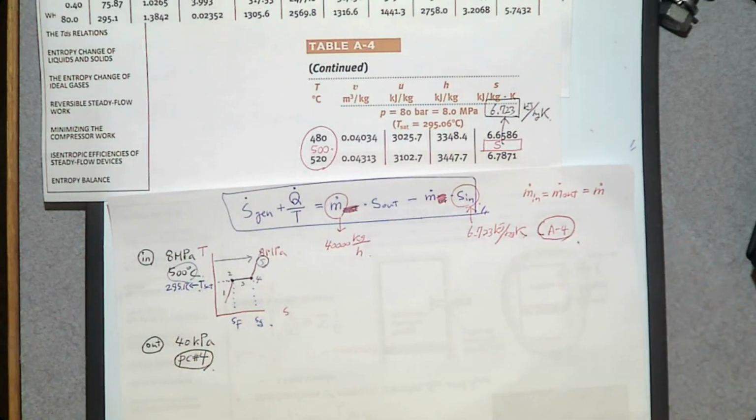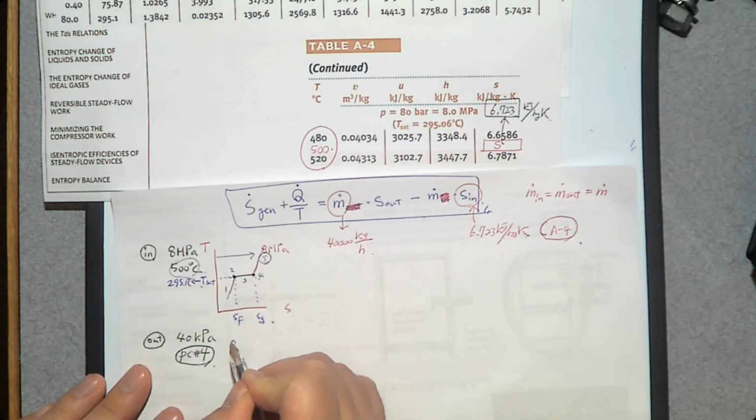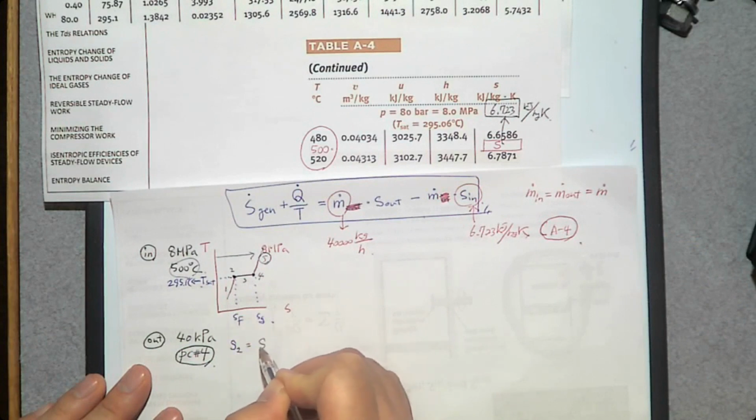We already know m dot here, they are the same. What about S out? We know the pressure and it is saturated vapor. So how can you determine the specific entropy of saturated vapor? The property of saturated vapor, S2, is going to be Sg.